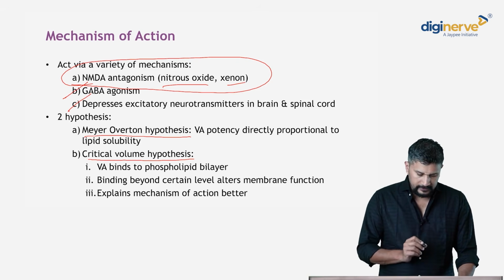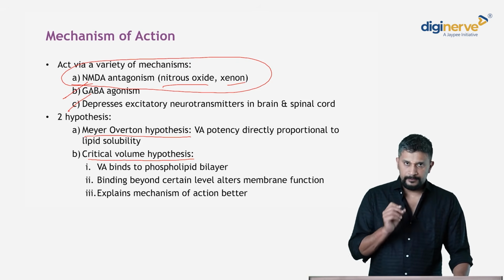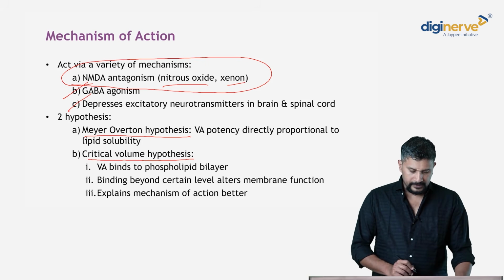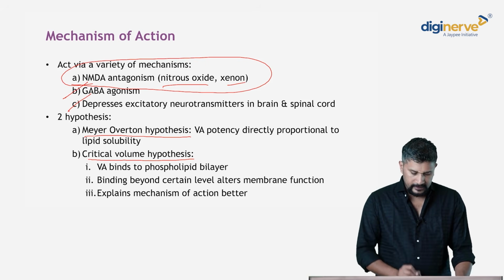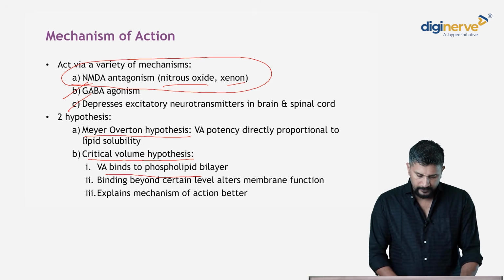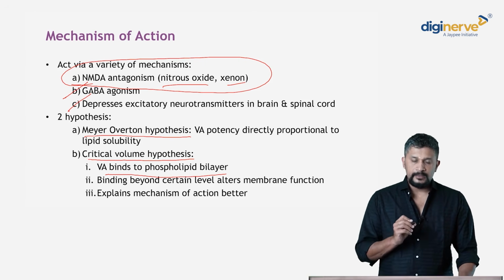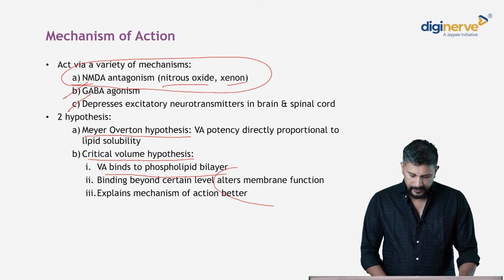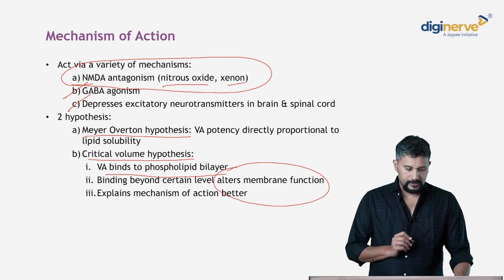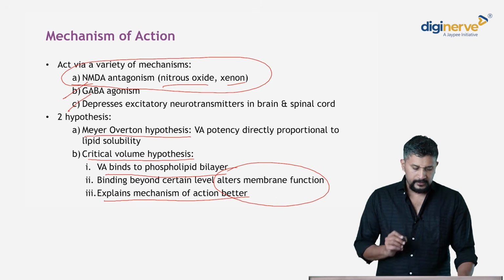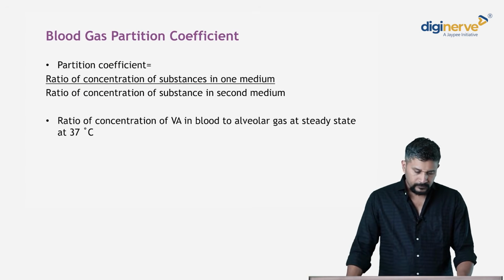We're going to be looking at this particular hypothesis in the upcoming slides. Your critical volume hypothesis says that the volatile anesthetic binds to a phospholipid bilayer, and this binding beyond a certain level tends to alter the membrane function of the neurons. And this is believed to explain the mechanism of action in a better way.